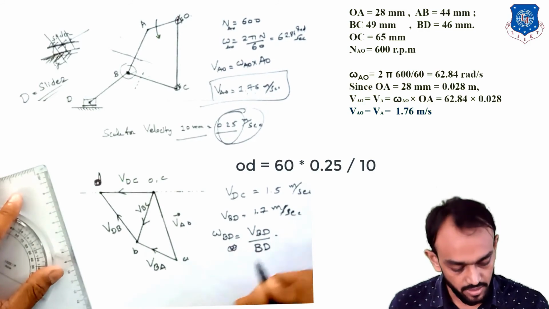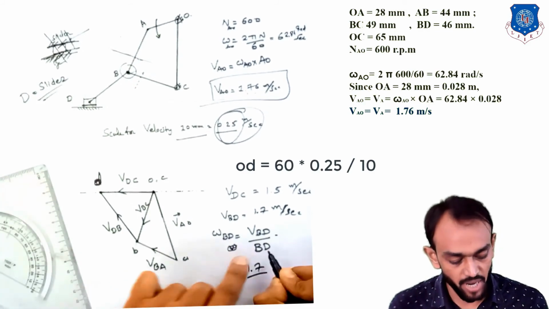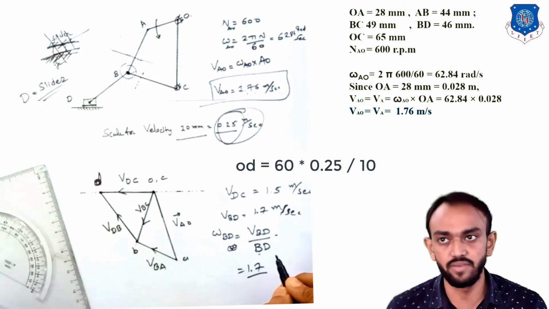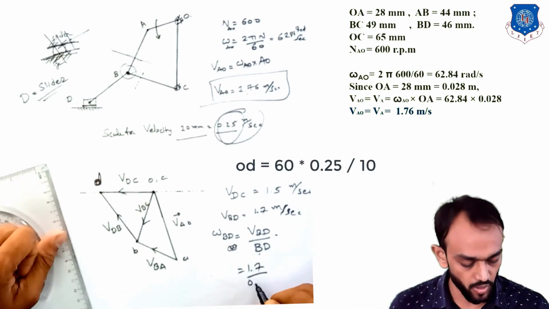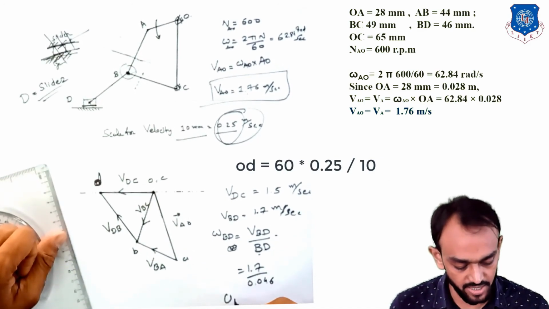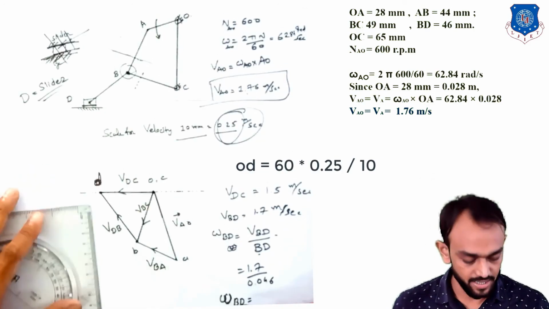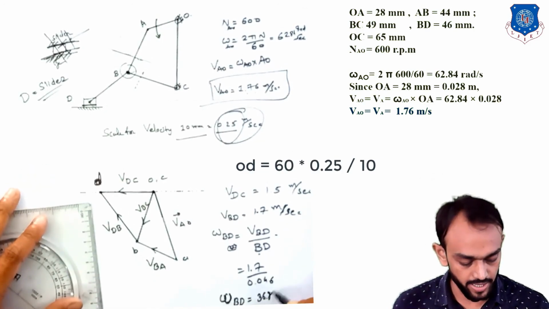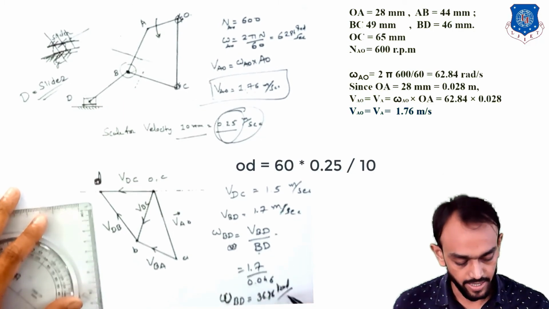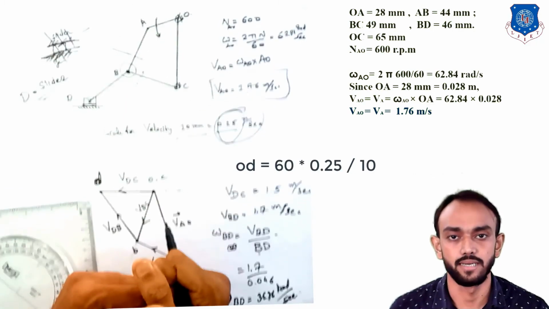Okay, and 1.7 divided by this BD length, which is given as 0.046, so you will find the angular velocity omega BD is equal to 36.96 radian per second. Okay.